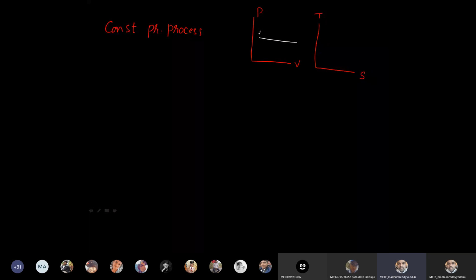Let us say this is state 1, state 2, and the constant pressure TS diagram, state 1, state 2. See, if you add heat, the volume is increased. If you add heat, what happens to temperature? Temperature is also increased, right? So this is the PV and TS diagram for the constant pressure process.